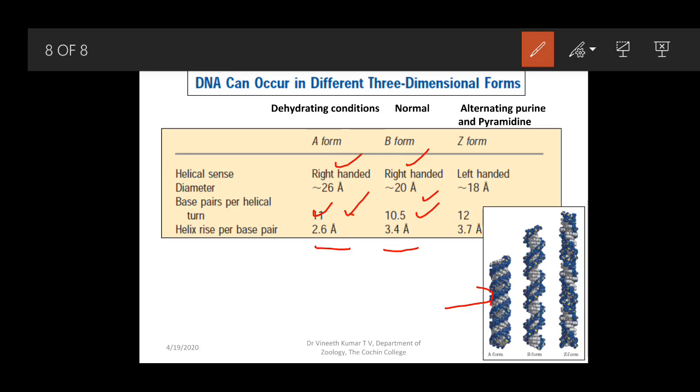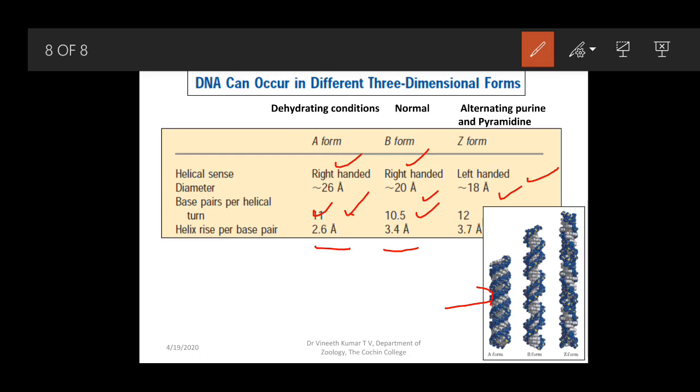Z form DNA is seen in DNA having alternating purine and pyrimidine. In such cases, the DNA will be left-handed, and the diameter, the distance between two bases, again decreases in the left-handed helix to 18 angstrom.